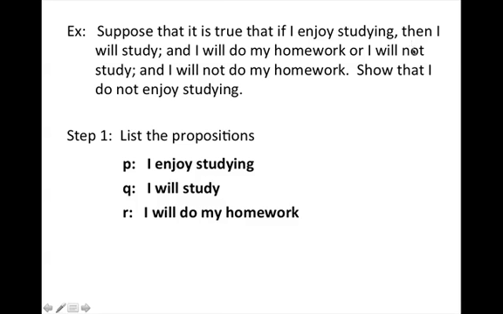If I leave out the not, I have I will study, and that was my Q. Then I have I will not do my homework. If I leave out the not, that was my R, I will do my homework. And then I want to show that I do not enjoy studying. Leave out the not, and I have I do enjoy studying, and that was my P. So I have three propositions. I have the P, the Q, and the R.